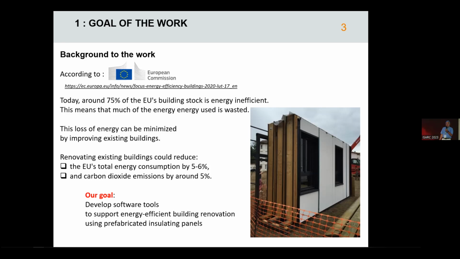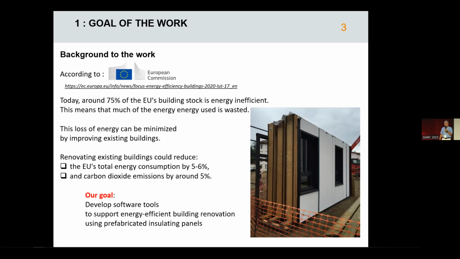It has been proved that renovation of existing buildings could reduce the EU, so Europe's, total energy consumption by around 5 or 6%. So total energy, it's really huge. And carbon dioxide emission by around 5%.